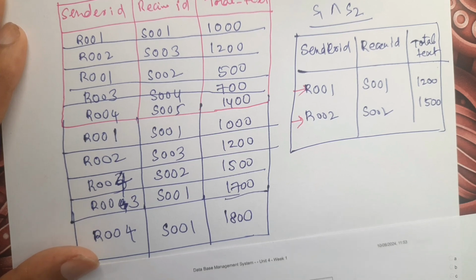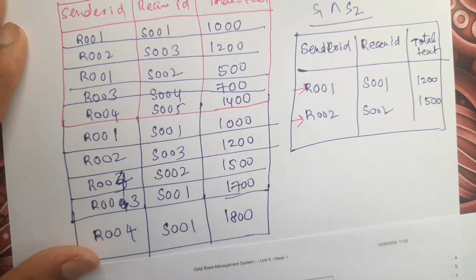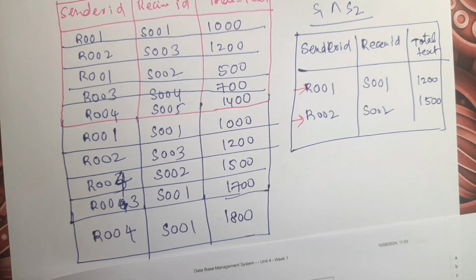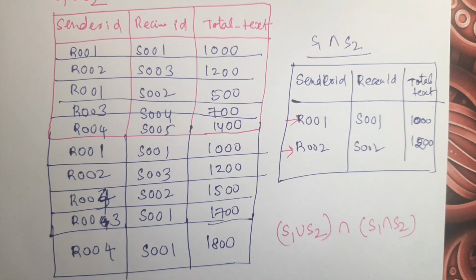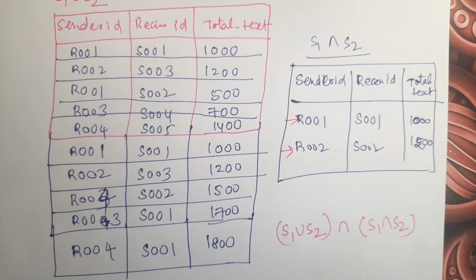Now what we have to do? We are going to find the intersection between these two. So the intersection between these two values is S1 intersection S2. Is there any common relation between these two? So we find the final value of this problem.